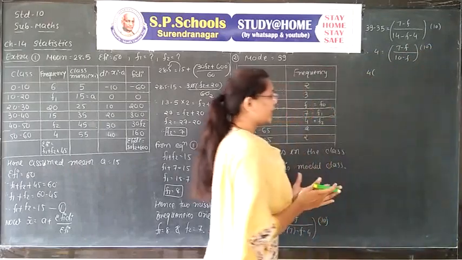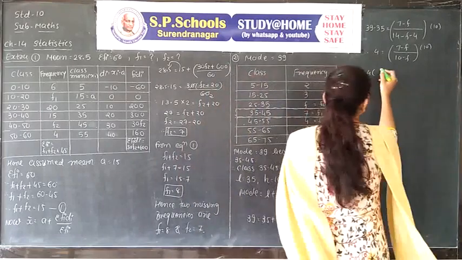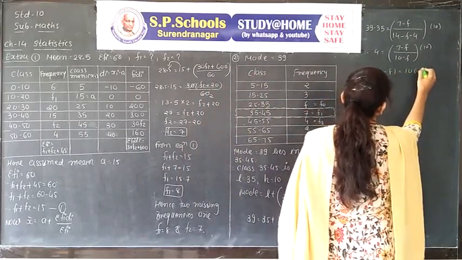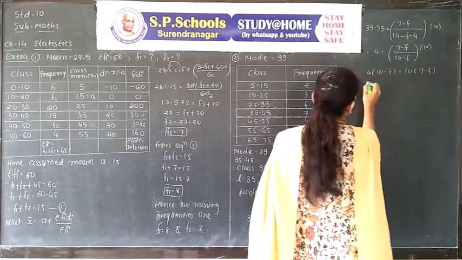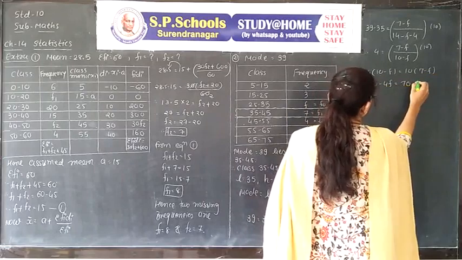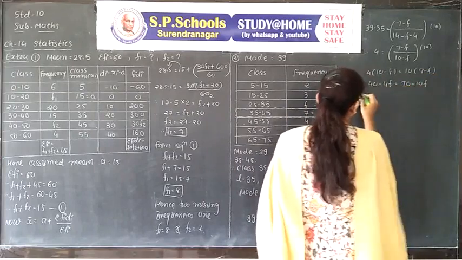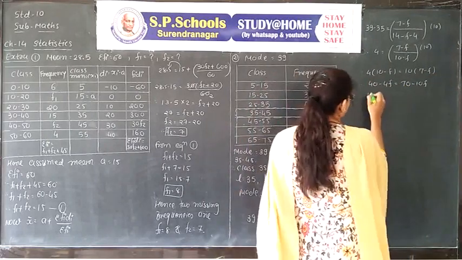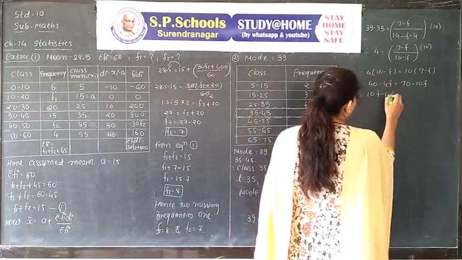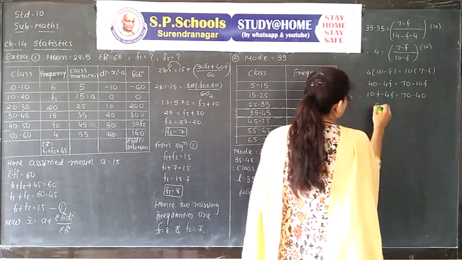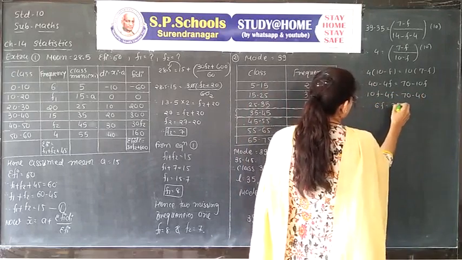39 minus 35, 4, is equal to 7 minus F, 10 minus F, into 10. We multiply 10 minus F with the 4, and 10 multiplies with 7 minus F. 40 minus 4F is equal to 70 minus 10F. Shift 40 from left to right and minus 10F from right to left. 10F minus 4F is equal to 70 minus 40. 6F is equal to 30.